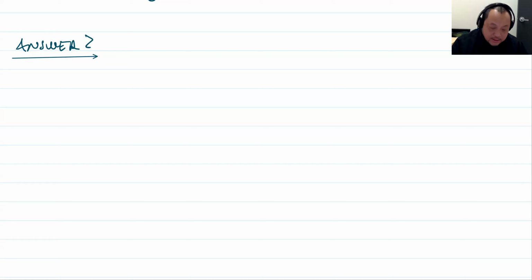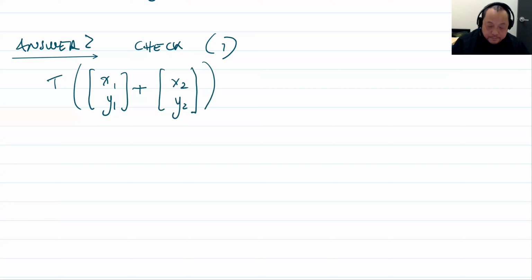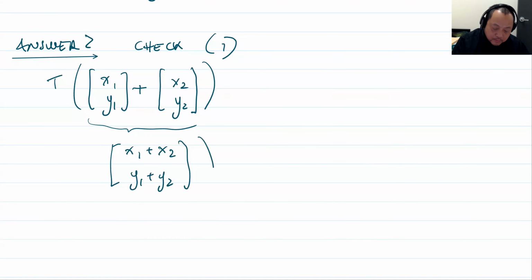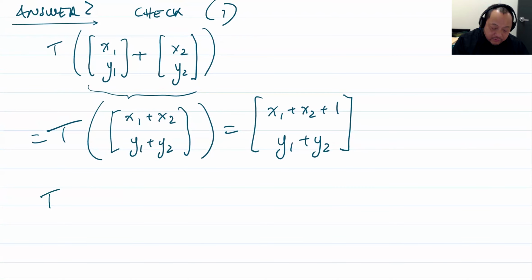All right, welcome back. This would be my answer. I'm going to check property 1, the additive property. If I have a sum of two vectors, (x1, y1) and (x2, y2), I can add them together, and the T transformation is defined as add 1 to x and leave y alone. Whereas what happens if I add the two transformations separately?